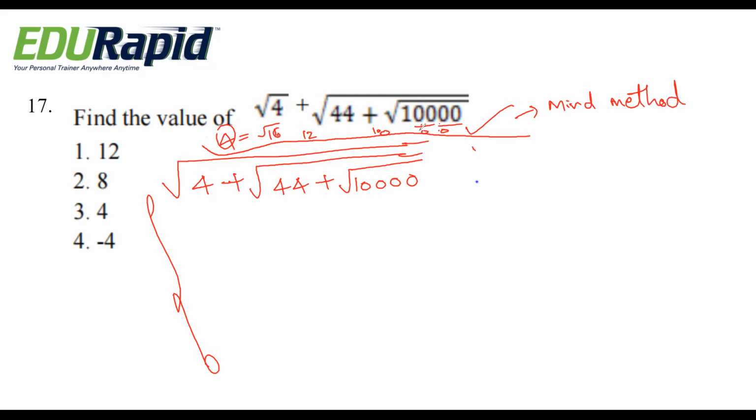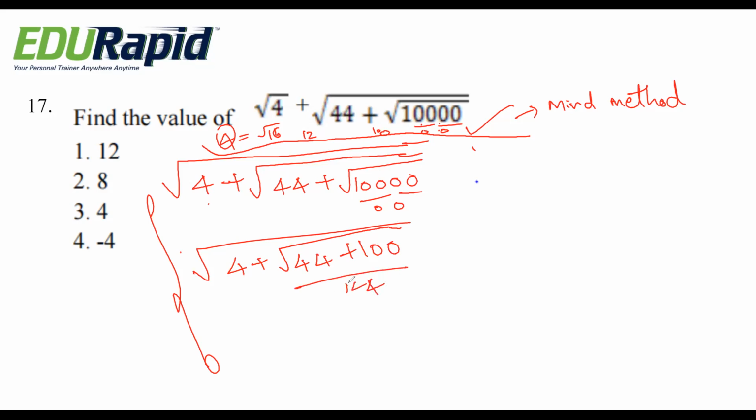It becomes 100. 100 plus 44 is 144. The square root of 144 is 12, and 12 plus 4 here is 16. Square root of 16 is 4. Very simple. See here, it becomes the square root of 4 plus the square root of 44 plus 100. Here it becomes 144. The square root of 144 is 12.